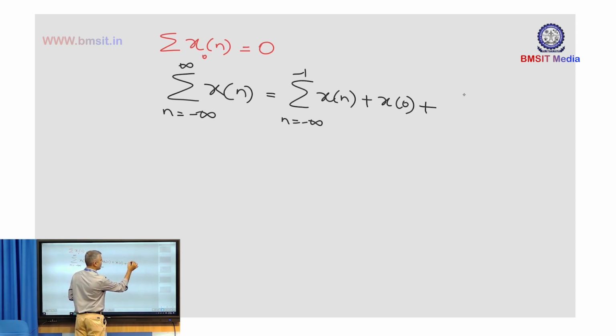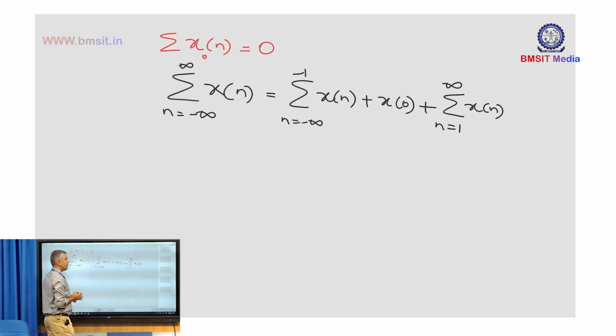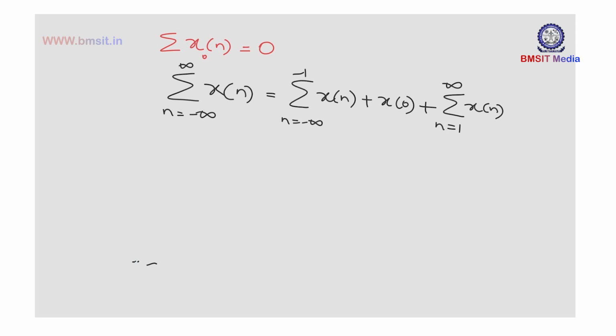Then I will consider one more summation of x of n, where n is ranging from 1 to infinity. So the summation from n is equal to minus infinity to plus infinity has been divided in these 3 different sections.